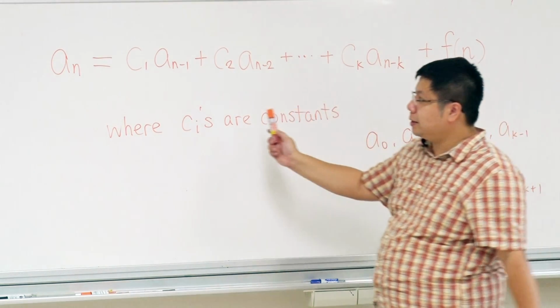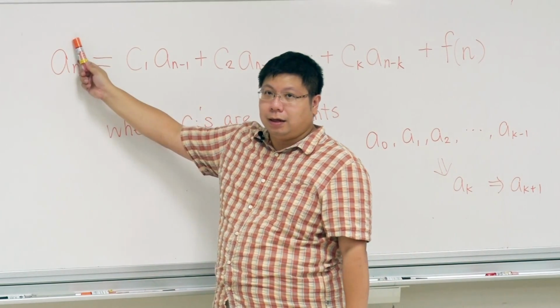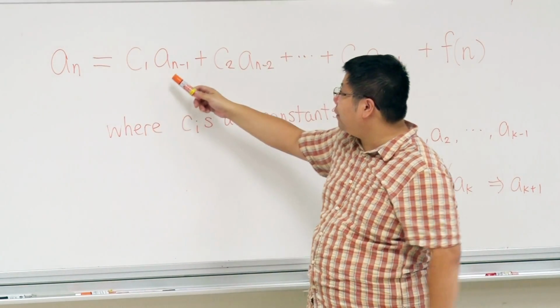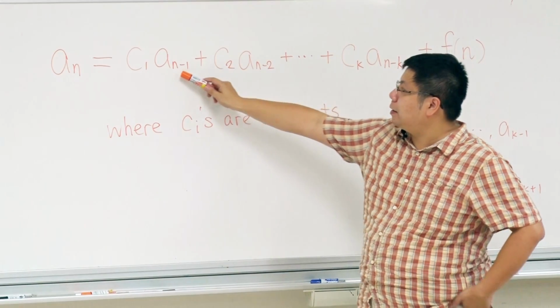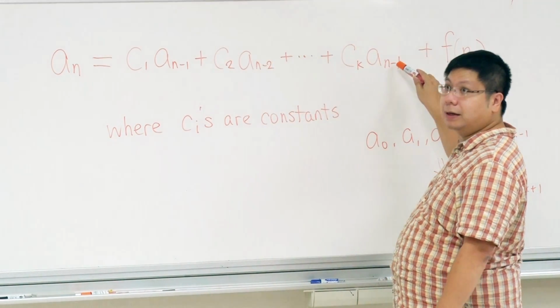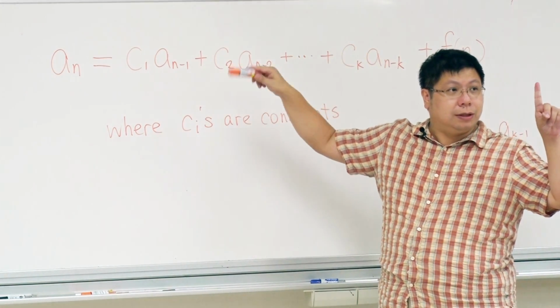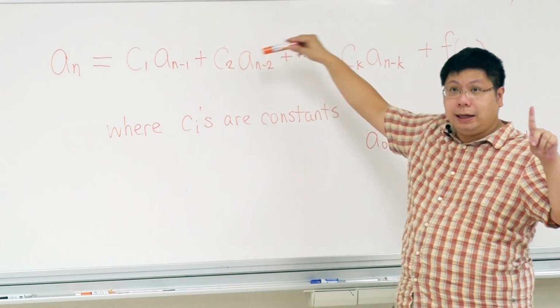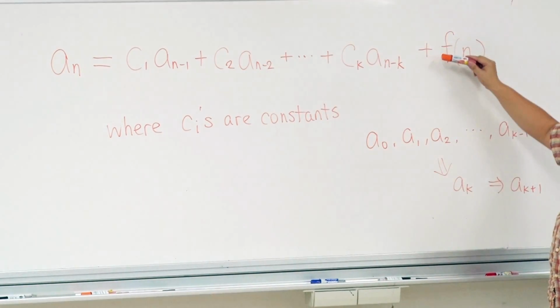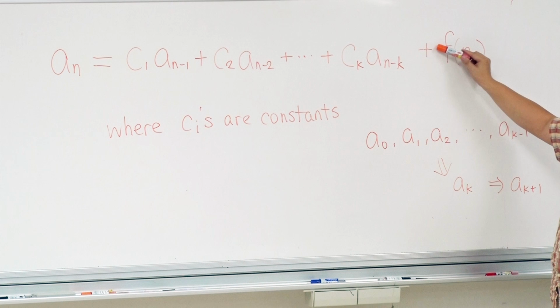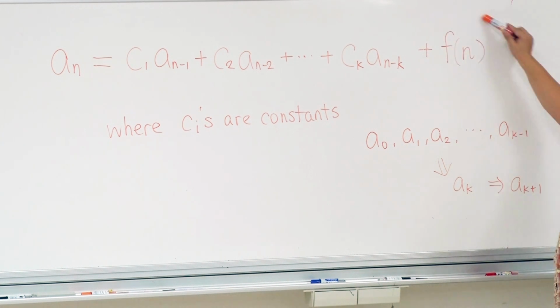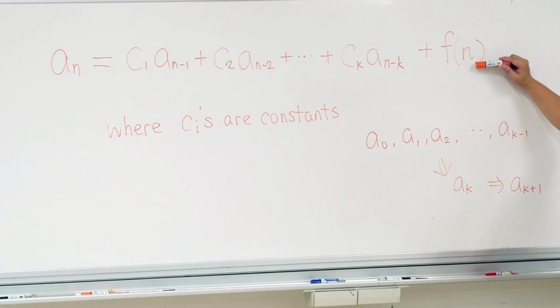It is the relationship of a_n with the previous terms in such a way that each previous term that appears is of a single degree, degree 1. That's why it is linear. But you have the option to have a certain function of just n added here. So all the discussion still applies.